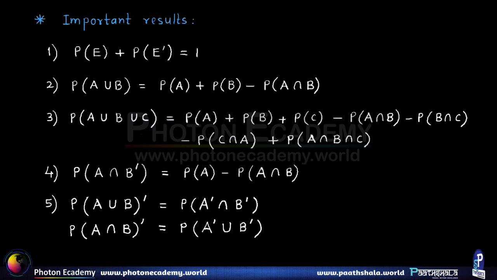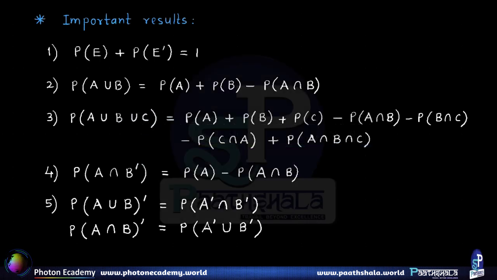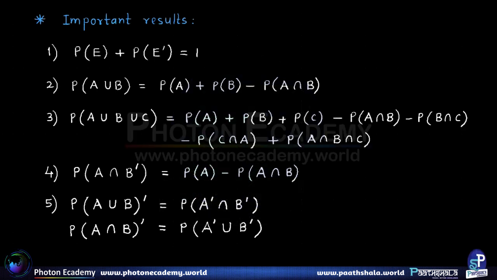So third one is just a further generalization of that result, that is instead of 2, if we have 3 events A, B and C, then the probability of the union of all of those together is given by probability of A plus probability of B plus probability of C. So first we add the probabilities of events taken one at a time.